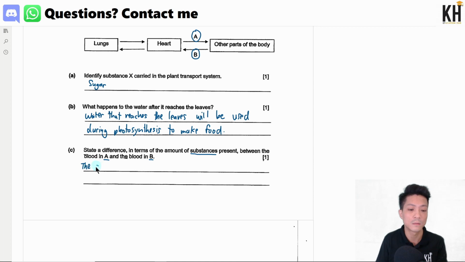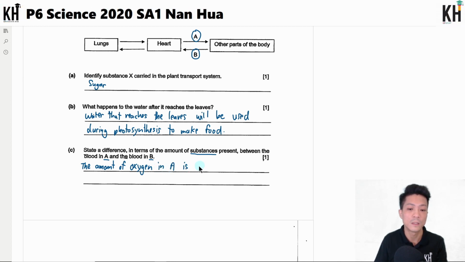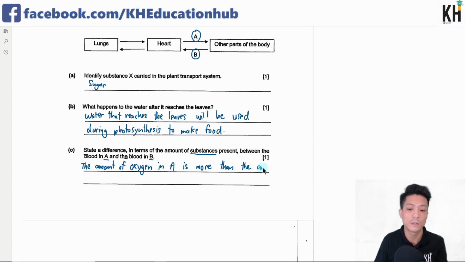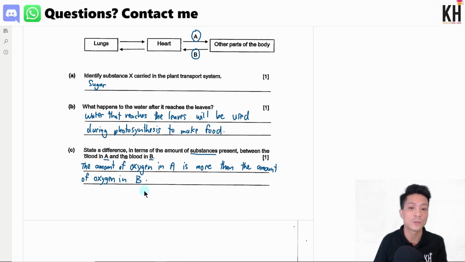The amount of oxygen in A is more than the amount of oxygen in B. You can also talk about digested food. You can also talk about carbon dioxide.